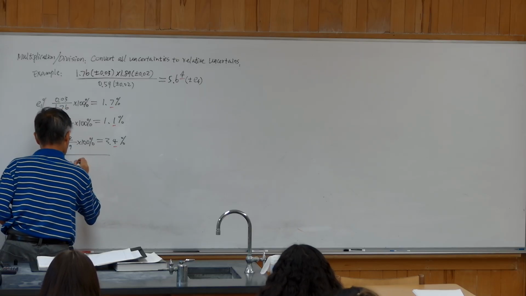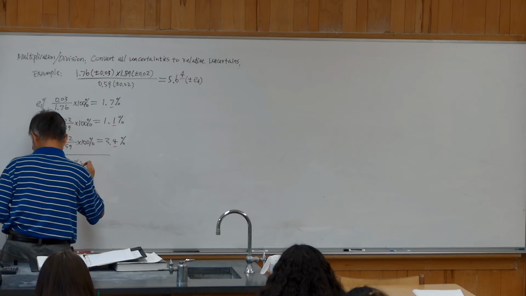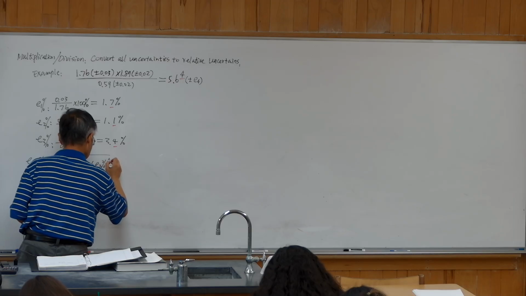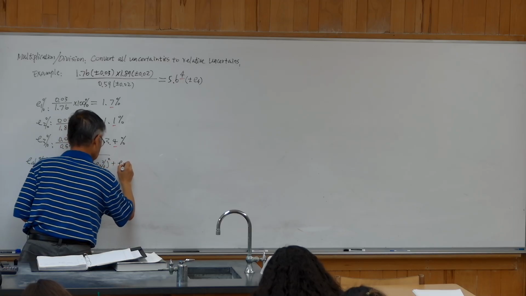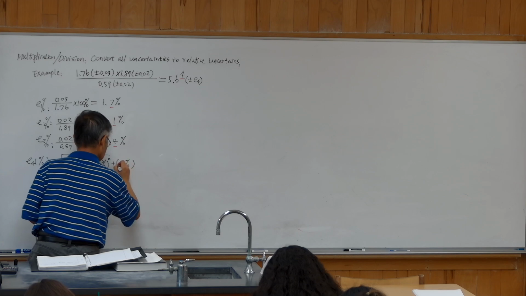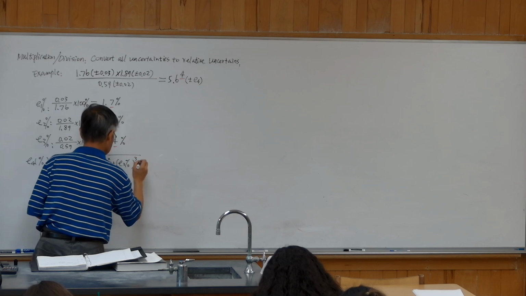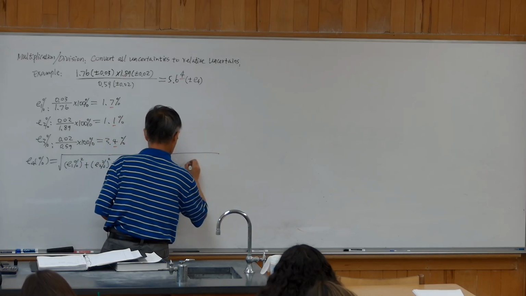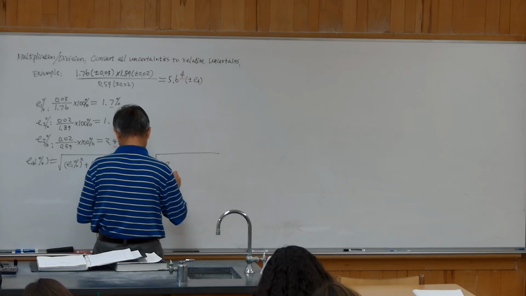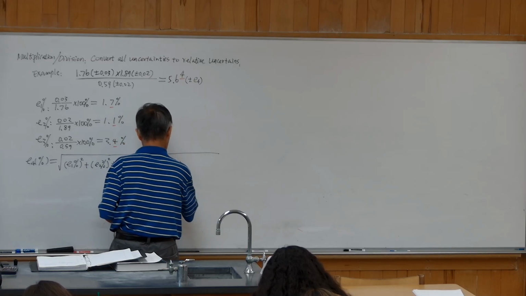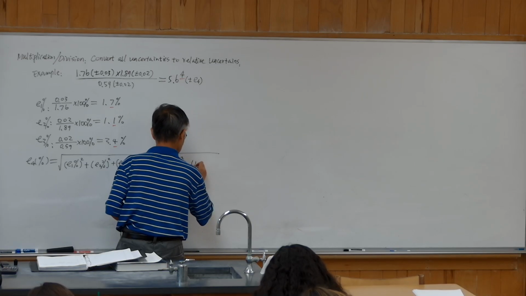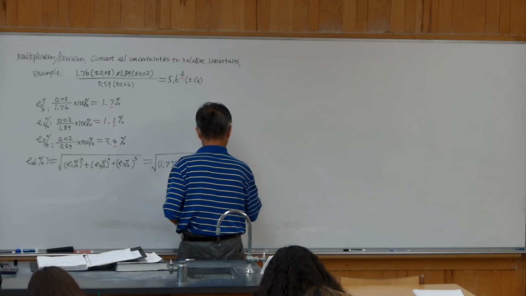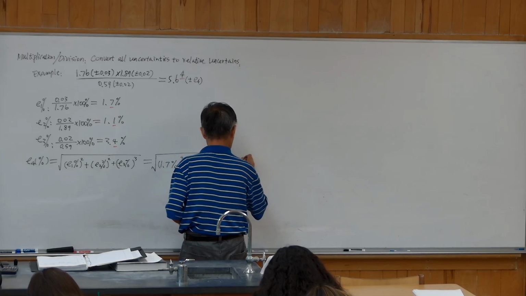It will be E1% squared plus E2% squared plus E3%, and 7%, 1.1% squared, 3.4% squared.